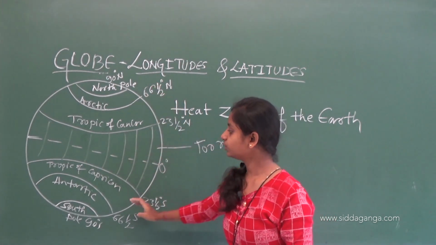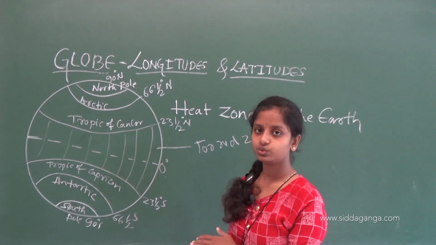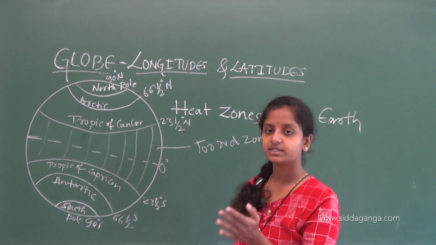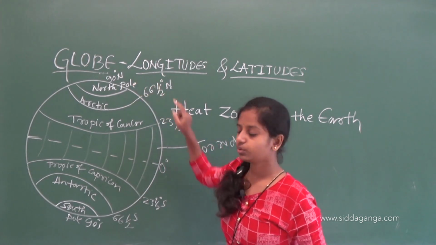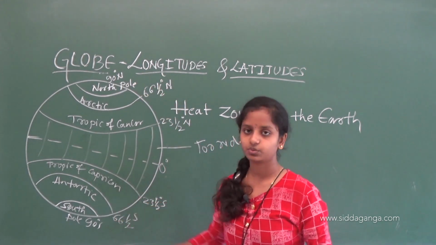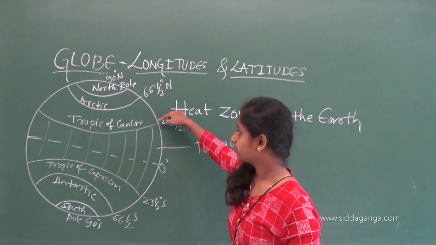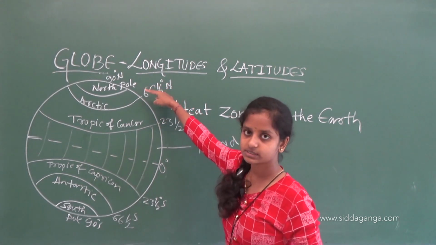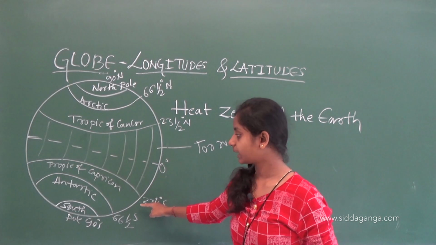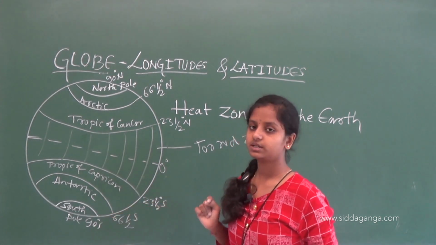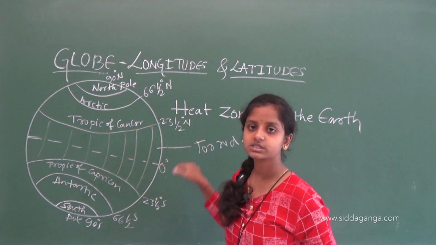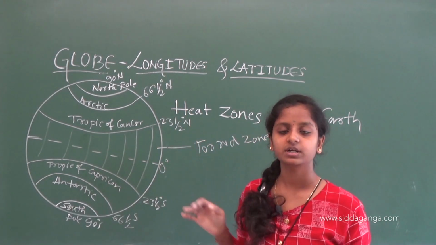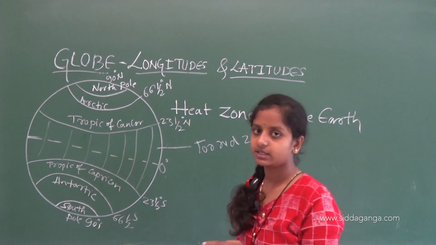Beyond these two latitudes, the sun's rays are less. From the Tropic of Cancer to the North Pole, and from the Tropic of Capricorn to the South Pole, the sun's rays decrease. So these areas do not receive much heat. They receive moderate heat.